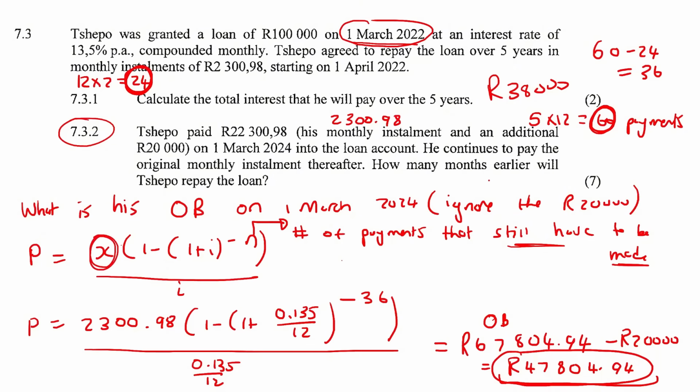We know that the payment doesn't change because he's still going to use the original monthly installment. The interest rate doesn't change, but now we can calculate the new number of payments it's going to take to pay off the new loan value.